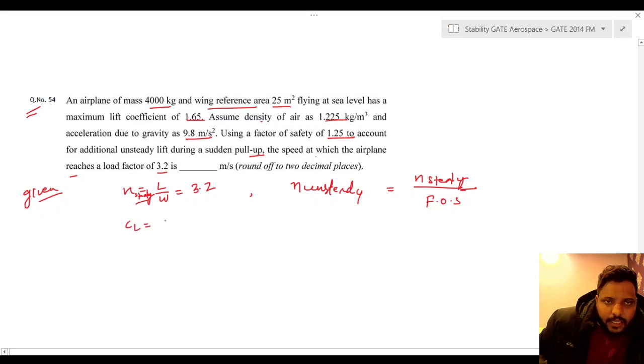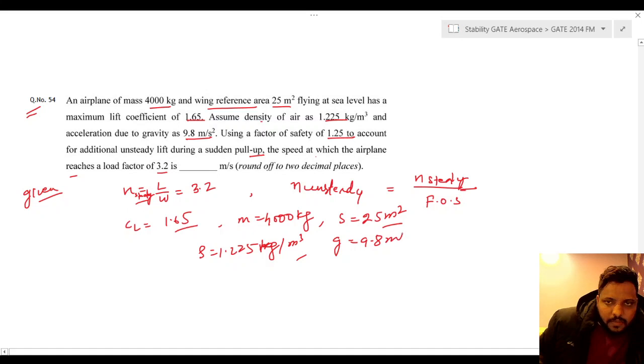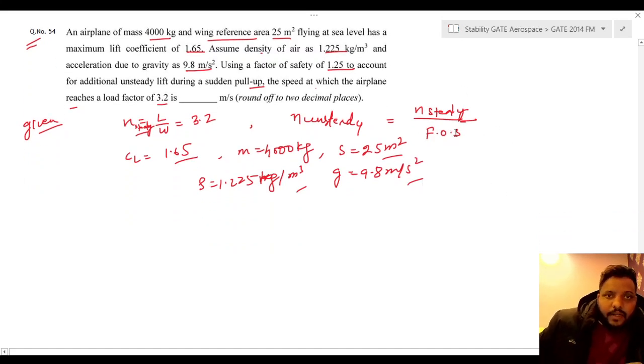Okay, now let us come back to this. CL is given as 1.65, M is given as 4000 kg, S is 25 meter square, rho is 1.225 kg per meter cube, g is 9.8 meter per second square. Okay, so this is the given data.